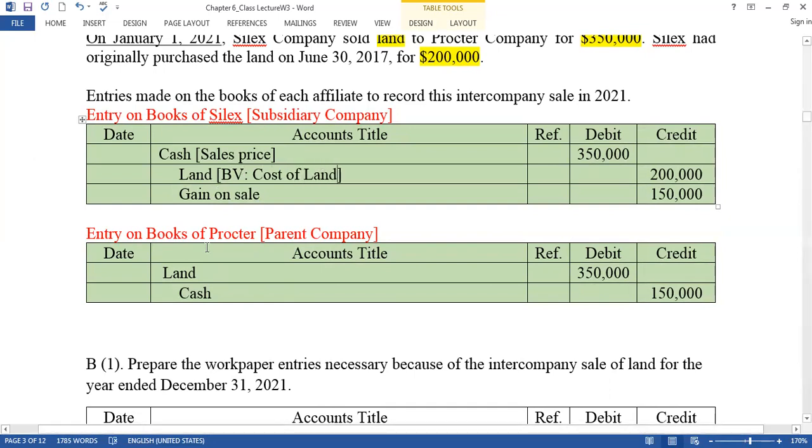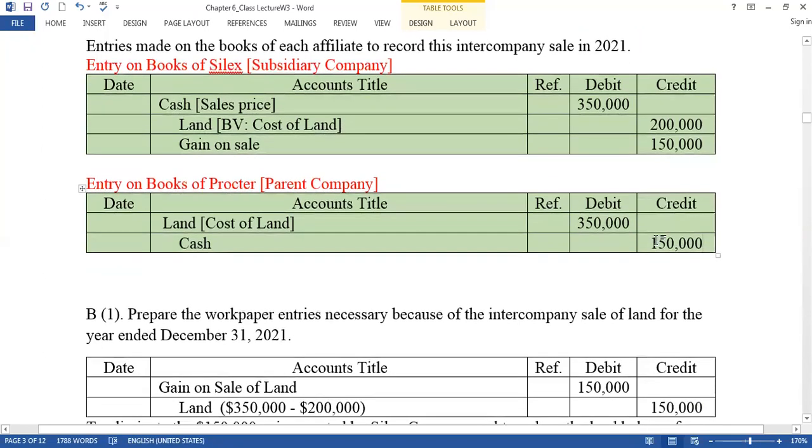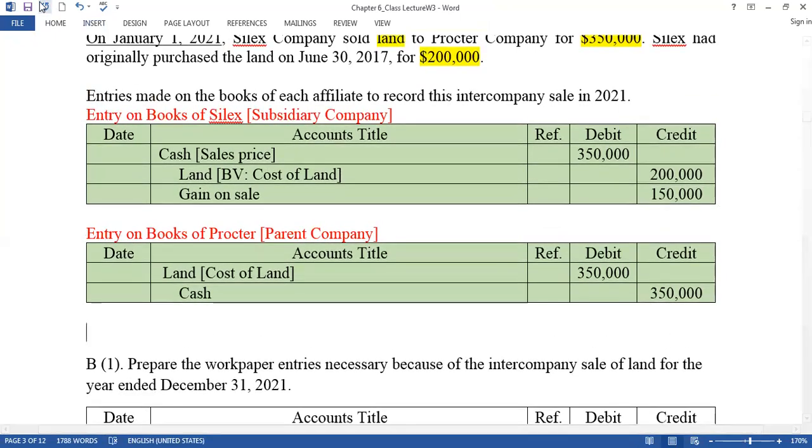Now the parent company buys this land, so this is the cost of land for the parent company, $350,000, and they paid cash. This is my mistake, it is 350. So this is the journal entry they do, right?